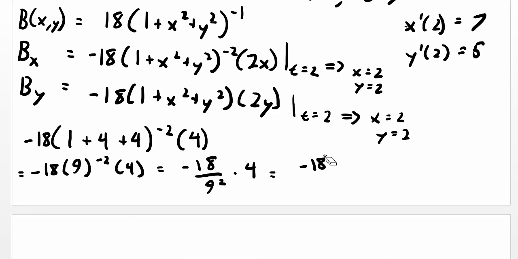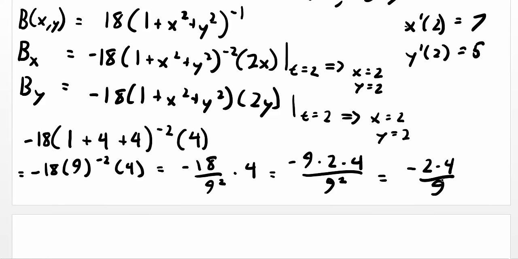Well, negative 18 is negative 9 times 2, so we'll write this as negative 9 times 2 times 4 on top over 9 squared, which is equal to negative 2 times 4 over 9, just canceling out one of these 9's, and we get negative 8 over 9.